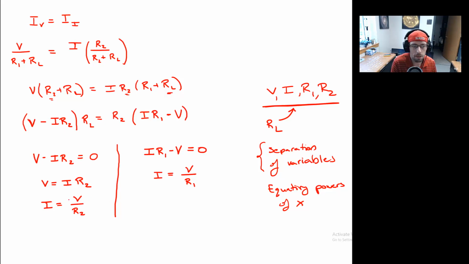What does that tell me? Looking at these two equations, what's the relationship between R1 and R2? They have to be the same. Good.